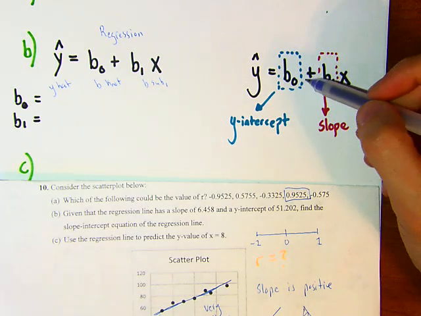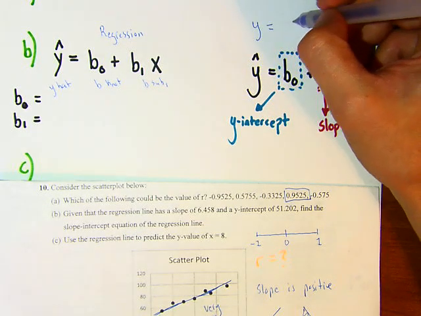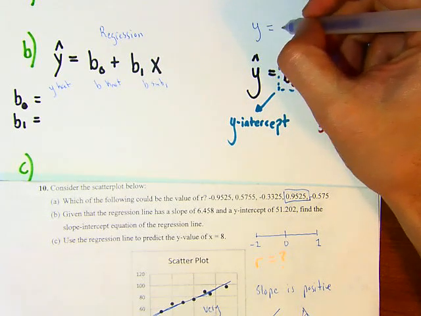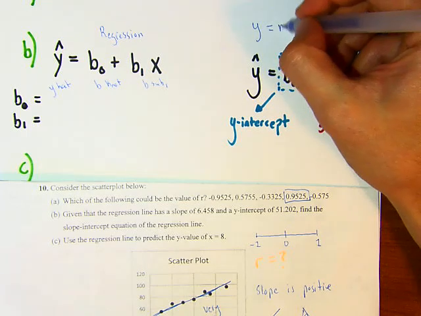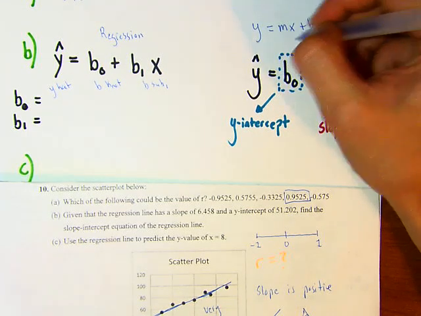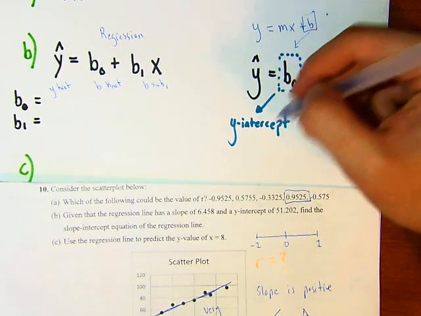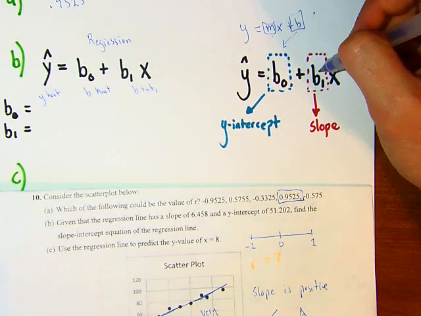Here, it's very close to the equation of a standard line. So there it's y is equal to mx plus b, but here it's kind of switched, where this b value is the y-intercept, or b naught, and this m is the slope represented as b sub 1.